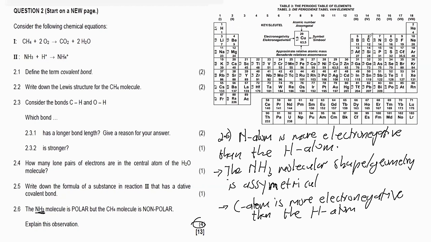If you check here, the carbon versus the hydrogen, you can see that this one is a bigger number than that one. And even if you were to compare the number on the nitrogen there to that hydrogen, you can see it's still a bigger number. So that's what I'm using there, the electronegativity values, right? Then the C atom is more electronegative than the H atom.